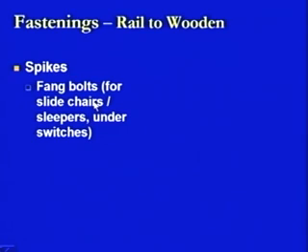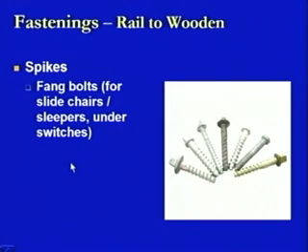When points and crossings are discussed, we will take up the switches there, and the slide chairs are the equipment which allow the rail to move in a certain direction, so that the connectivity between one track and the other track can be provided. So, in these cases where slide chairs or switches are provided, fang bolts are used.